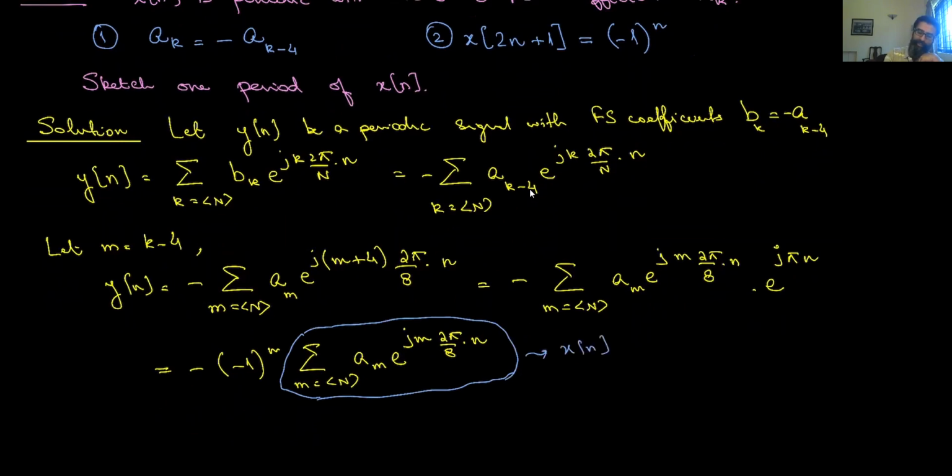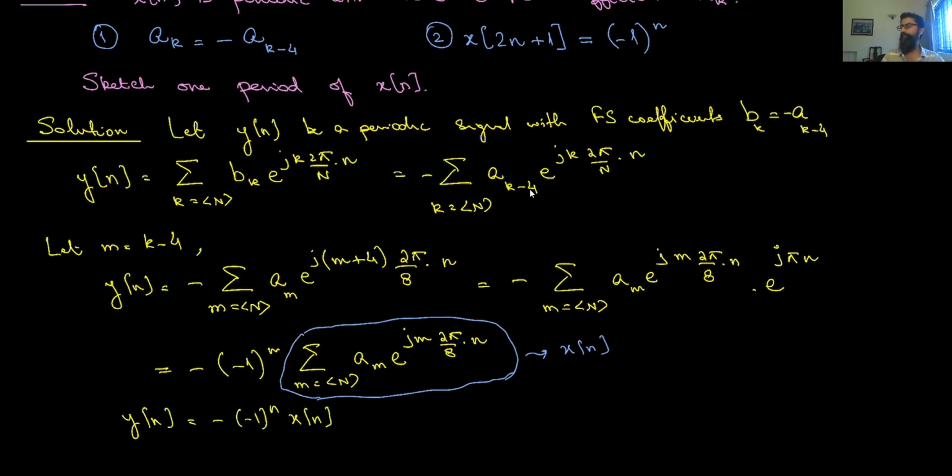So what I conclude, therefore, is that y of n is actually equal to minus 1 raised to the power n times x of n. So how is this equal to x of n? Because that's just the synthesis equation.